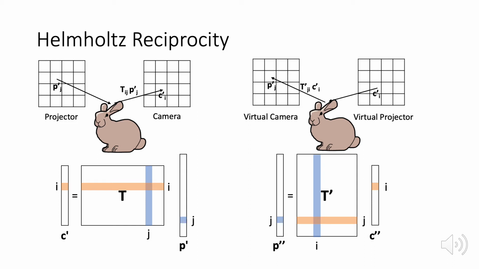So the contribution should be T prime Ji times C prime I. Now recall what we talked about regarding Helmholtz reciprocity. The coefficient should be the same, which means Tij should equal T prime Ji. Now, considering that for every ij we have this relationship, we can conclude the proof.